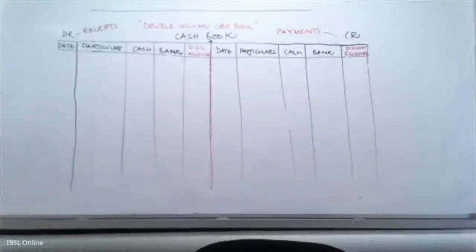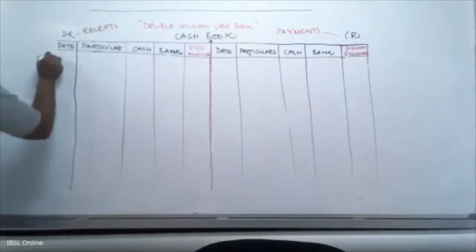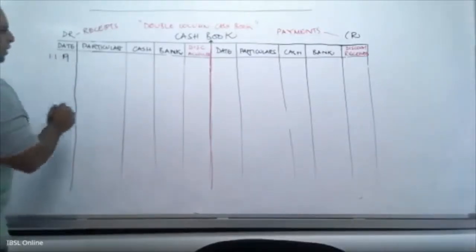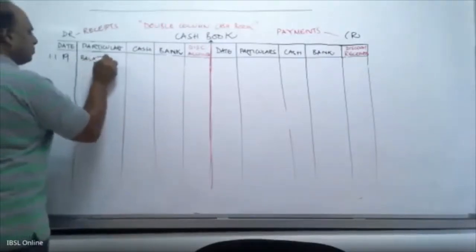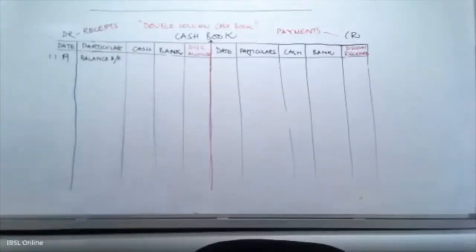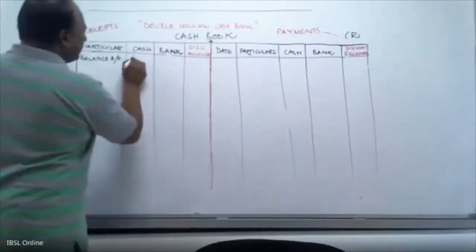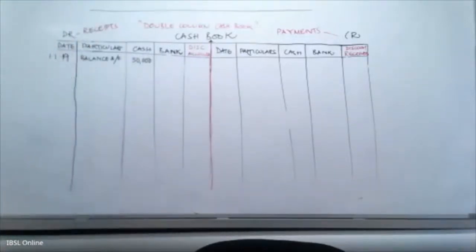So we say the date is 1/1/19 and we call it balance brought forward. And we say it is 50,000.